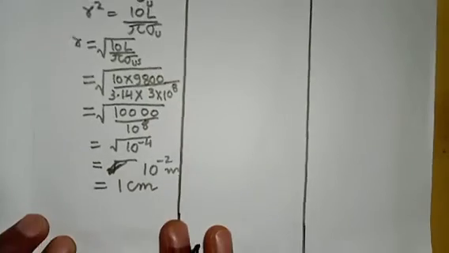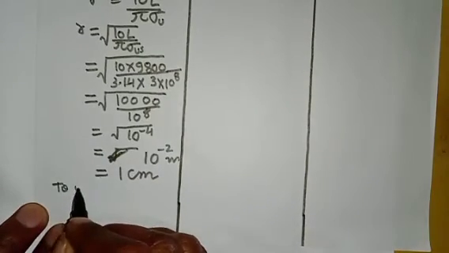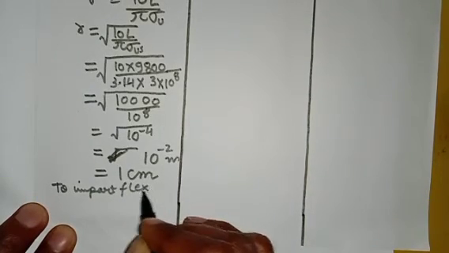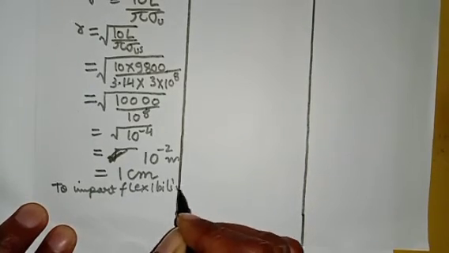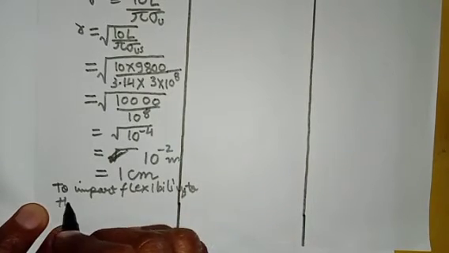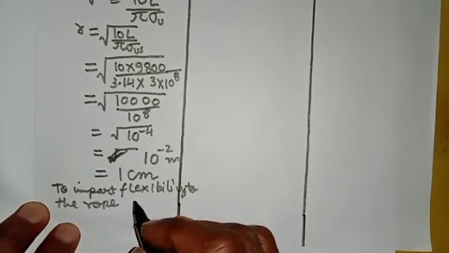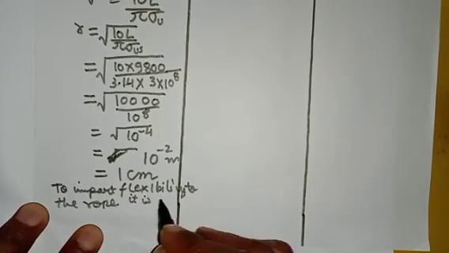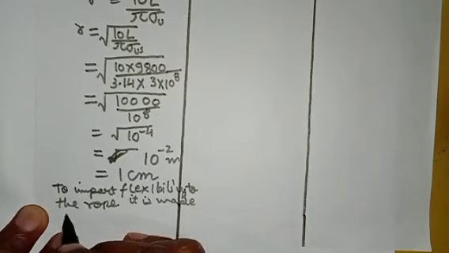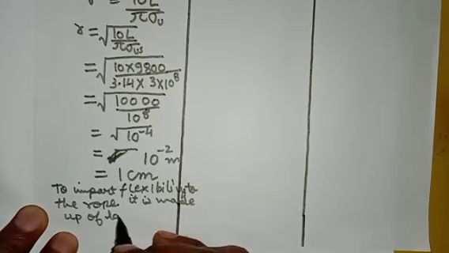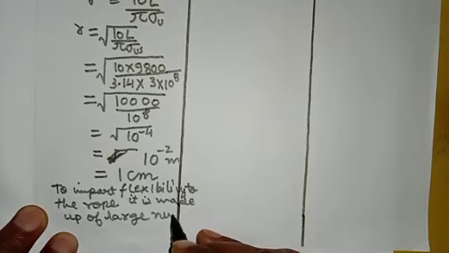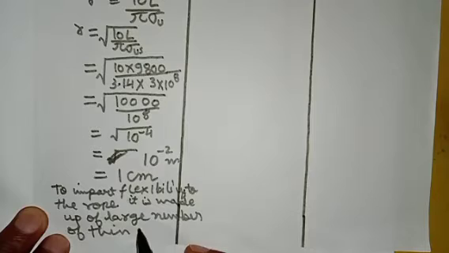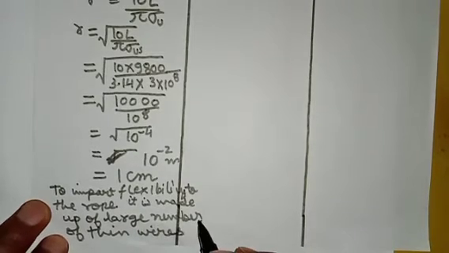So to impart flexibility to the rope, it is made up of a large number of thin wires braided together.